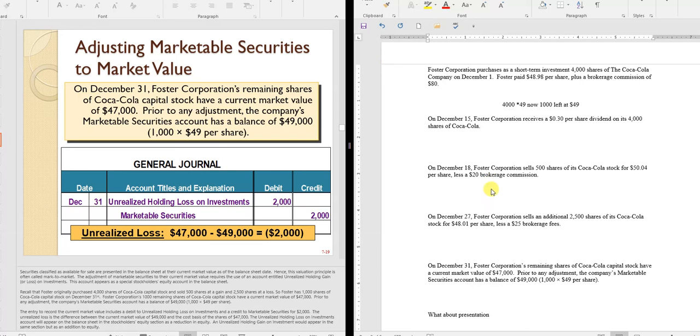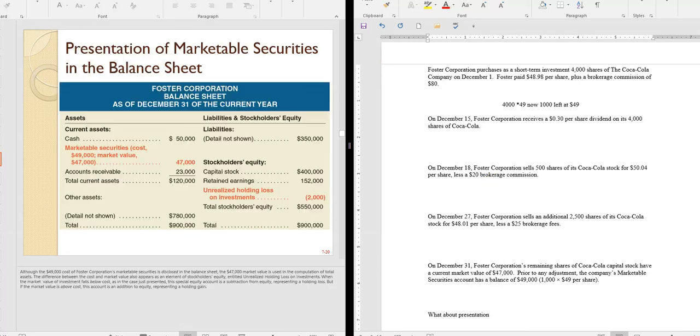So that's marketable securities. This is a little presentation, so notice that they tell you the current value is actually in the balance sheet, so we have them at market value, but we do disclose what they cost, and this is really, really important. Notice where the unrealized holding loss goes in. It doesn't go on the income statement for most securities.